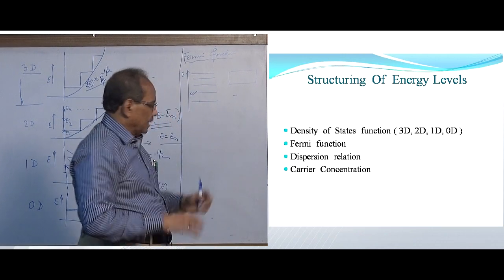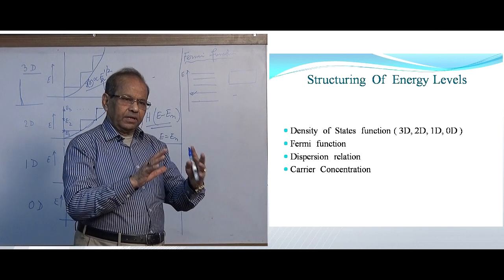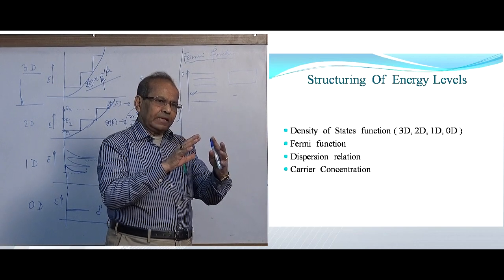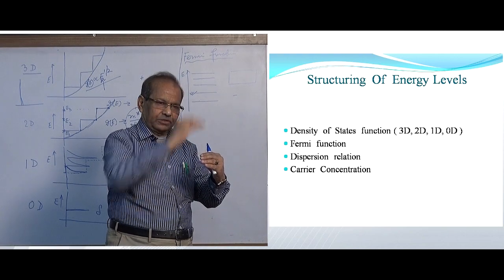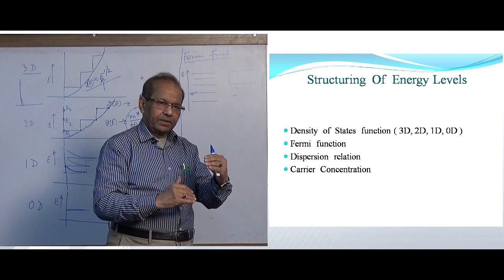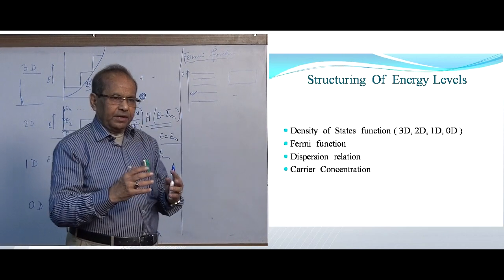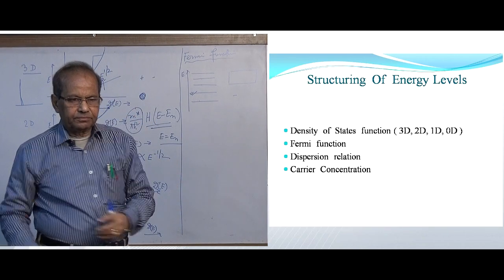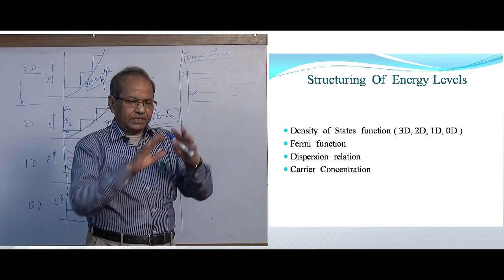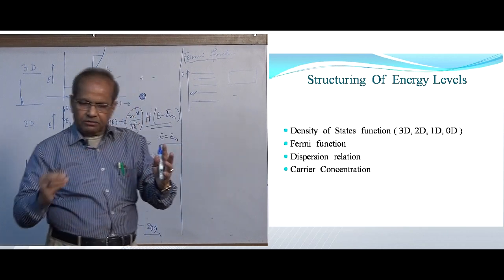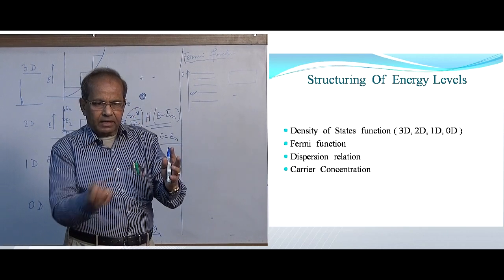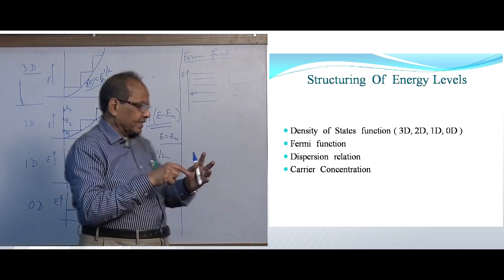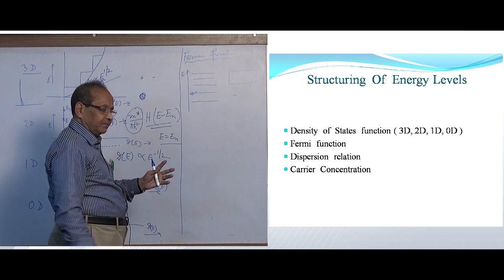Now, in a material, you just think that the material is filled up with so many energy levels. Now, just think that all the electrons from the material are extracted out of the material. So, this is the material and electrons are out. Now, one by one I place the electron inside. Then the electrons will take their energy positions.